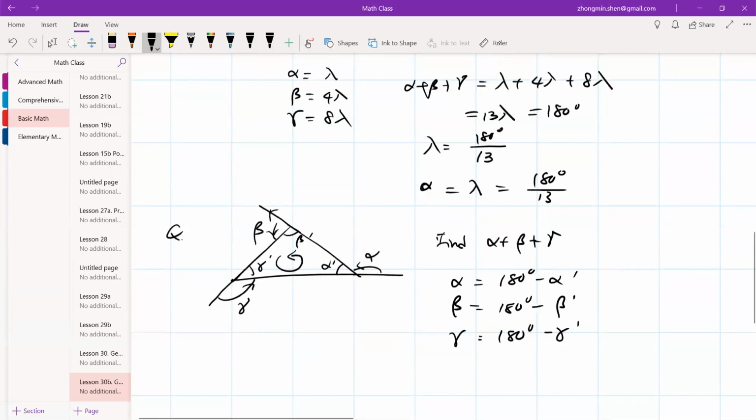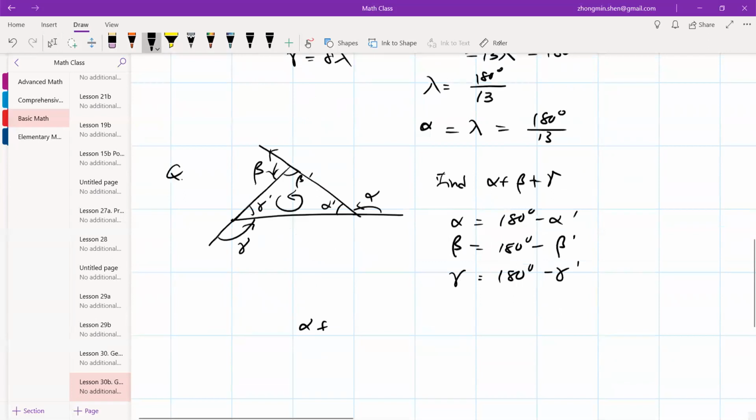So the sum of the three is going to be 3 times 180 degrees minus alpha prime minus beta prime minus gamma prime. But those three I can put inside the parentheses, and they become plus.